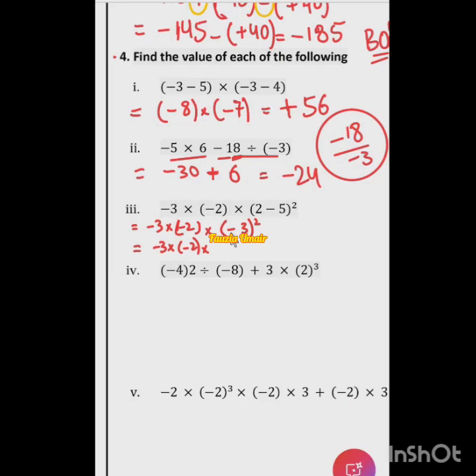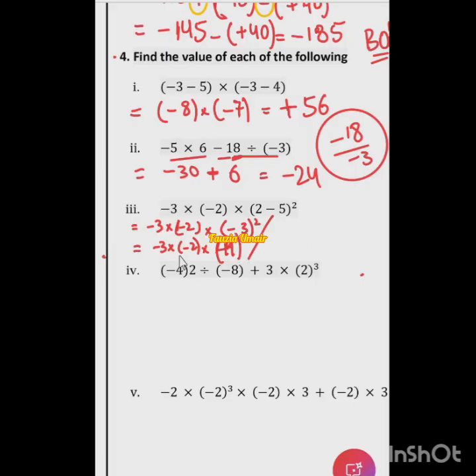If the minus sign has an even power, the answer is always plus. And if the minus sign has an odd power, the answer is minus. We have to decide the sign first. So minus sign with even power, the answer will be plus. What is 3 squared? 9. Very right. So it would be plus 9.